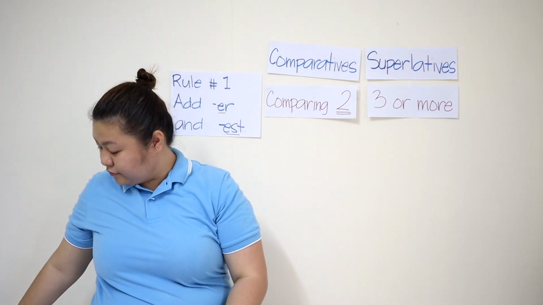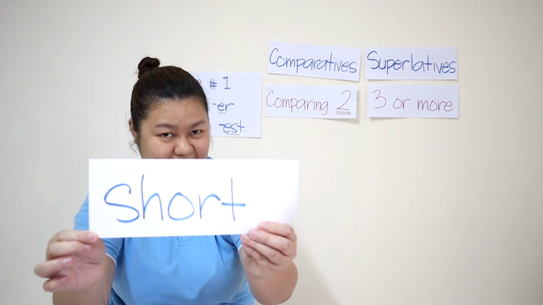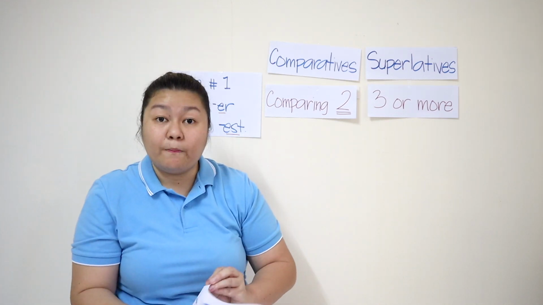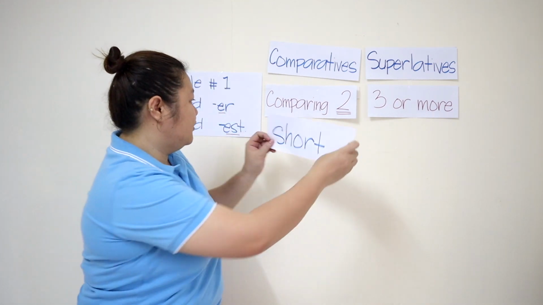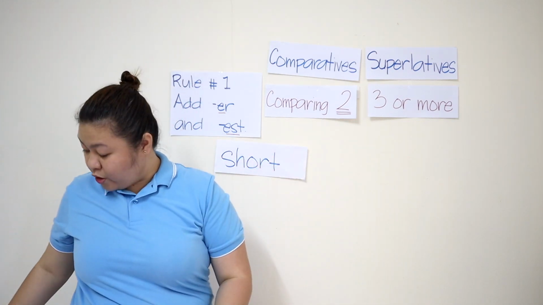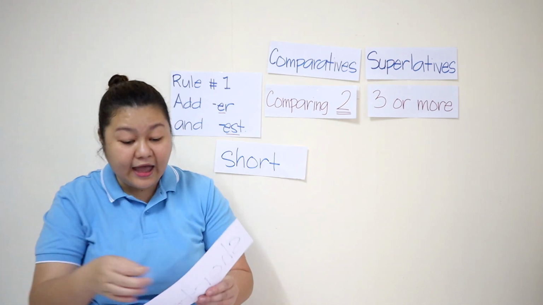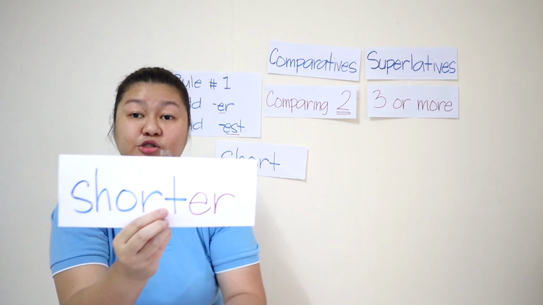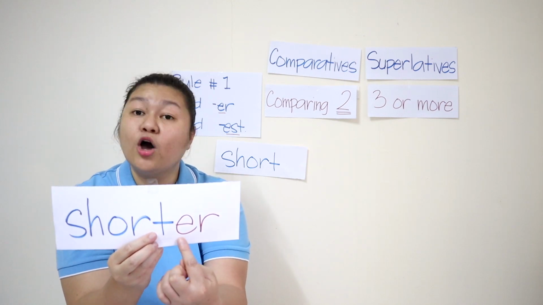For example, if our adjective is the word short, the comparative form will be, what do you think? We will just add ER to our word short. So the word short becomes shorter.